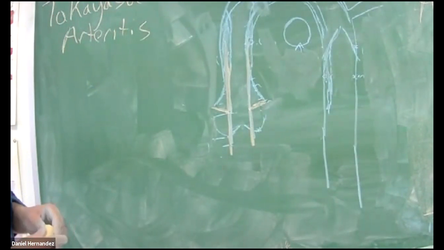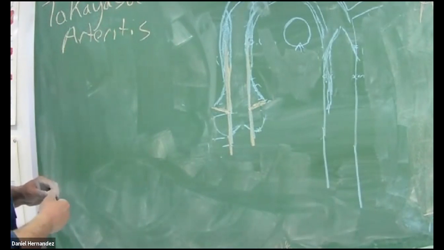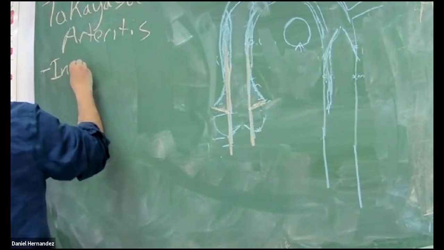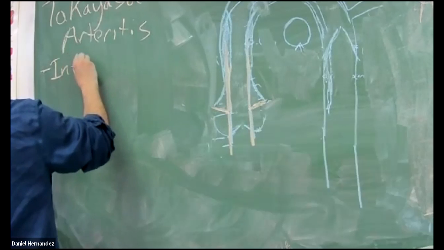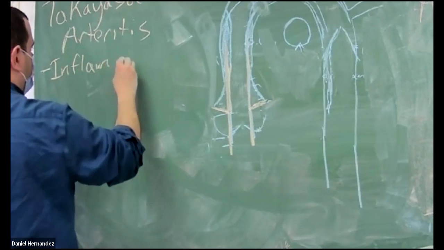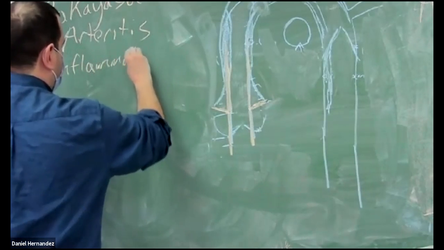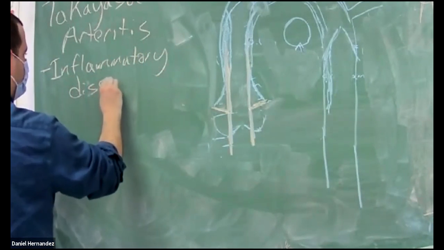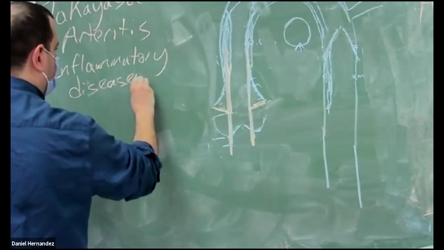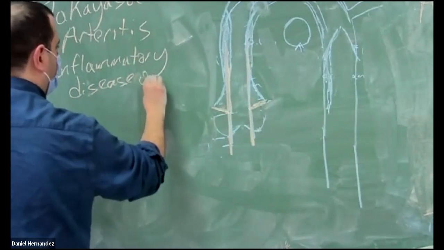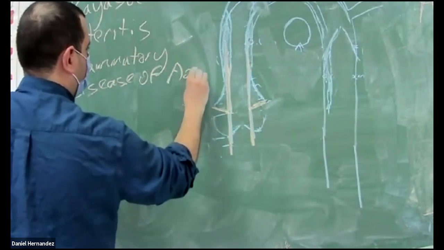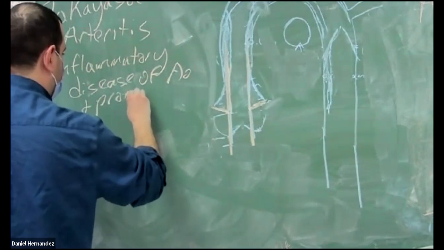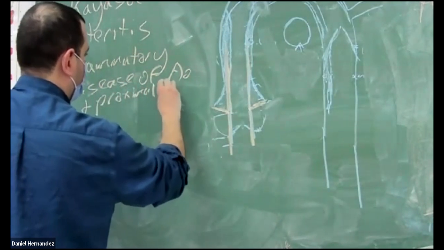So this is an inflammatory disease of the aorta and proximal branches.